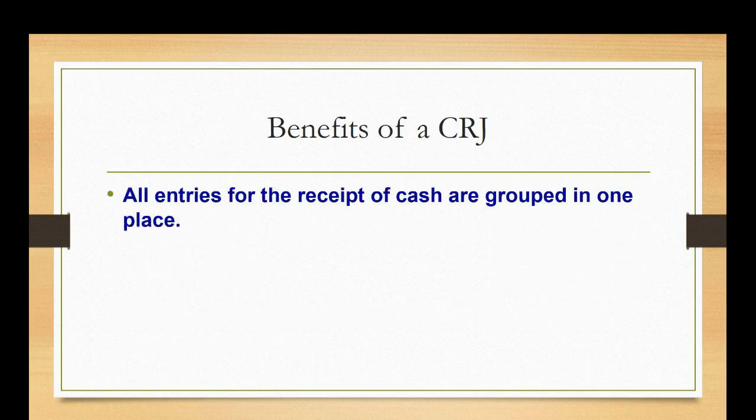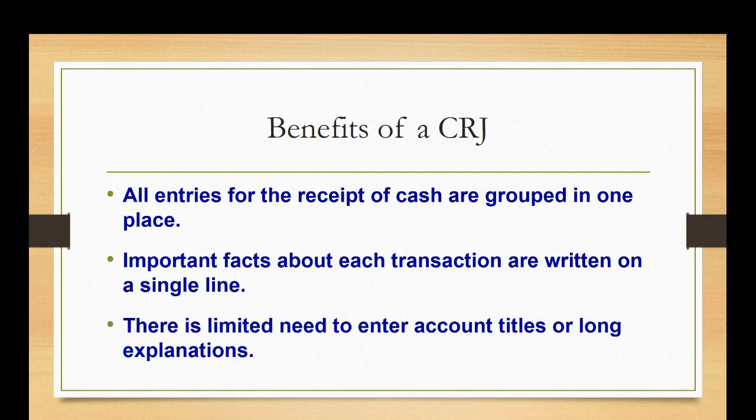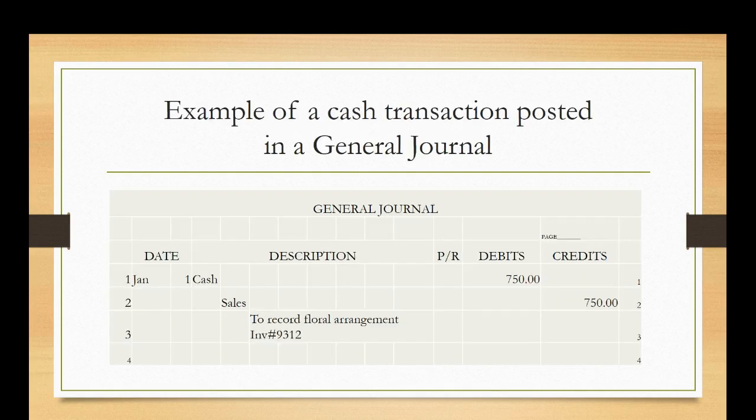And the benefits of a cash receipts journal is all entries for the receipt of cash are grouped in one place. Important facts about each transaction are written on a single line. And there is a limited need to enter account titles or long explanations because everything's grouped in one place.